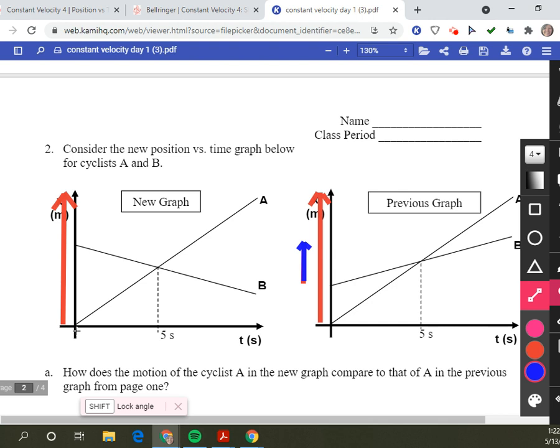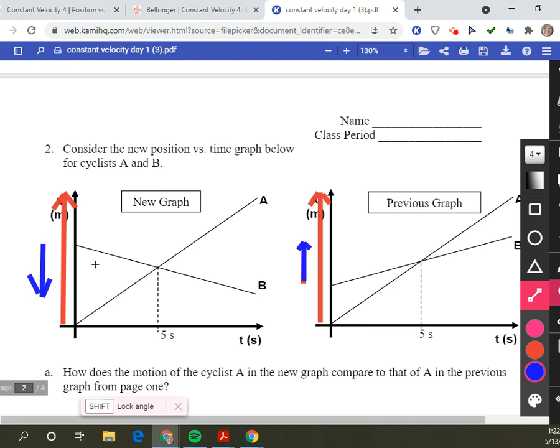Let's think. At the beginning, B is here. At 5 seconds, B is now here. So in this case, since the line has a negative slope, so since the line is at a downward diagonal, we are going to be going backwards. And this time we only go that way. Okay?